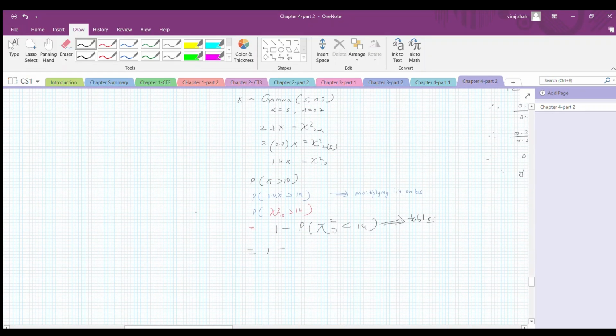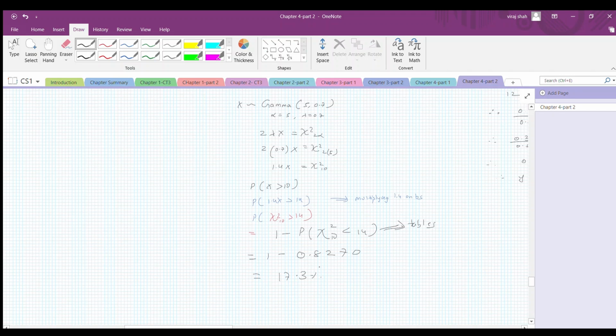It would be 0.8270. If I feed this in my calculator, I get a value of 17.3 percent. So there is a 17.3 percent chance that my gamma variable would be greater than 10.